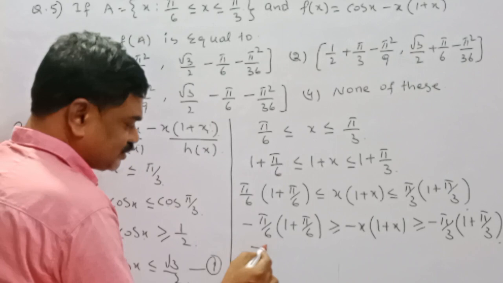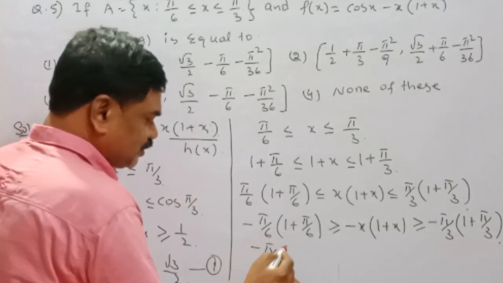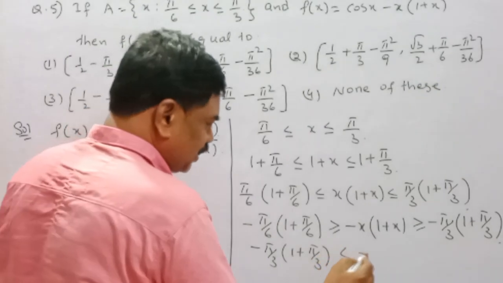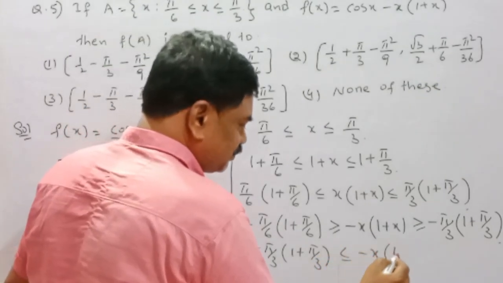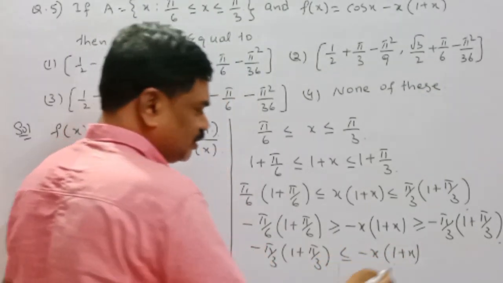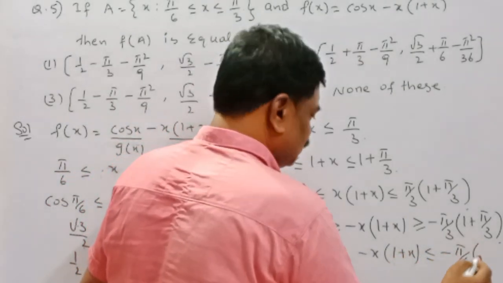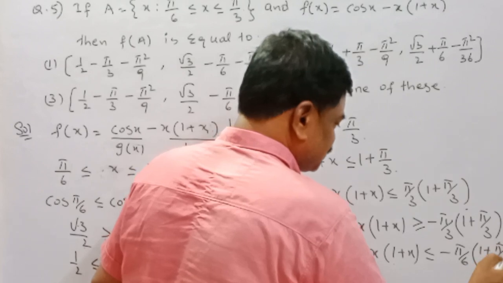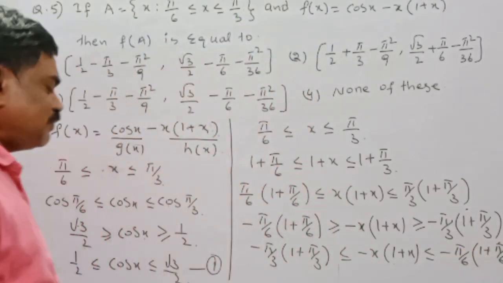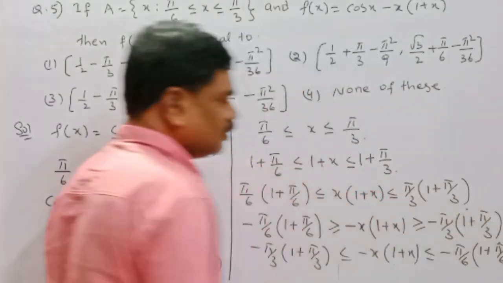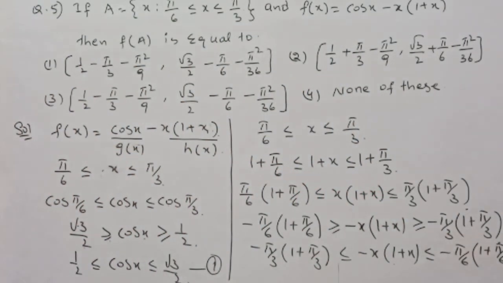This can be written as minus pi by 3 of 1 plus pi by 3 less than or equal to minus x(1 plus x) less than or equal to minus pi by 6 of 1 plus pi by 6. Okay, all of you. This is equation 2.